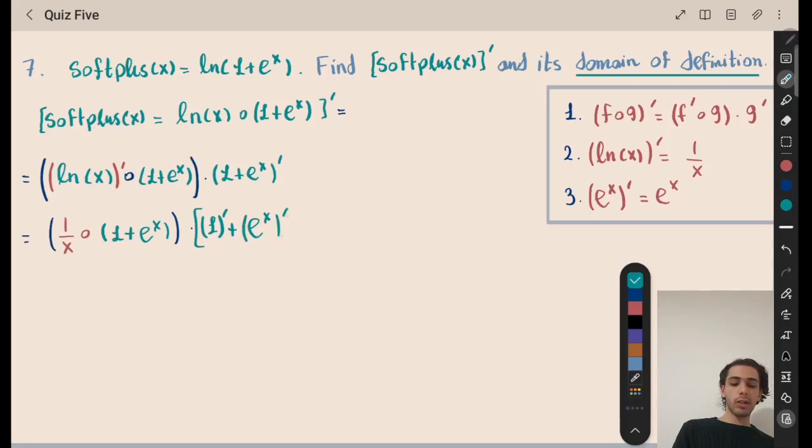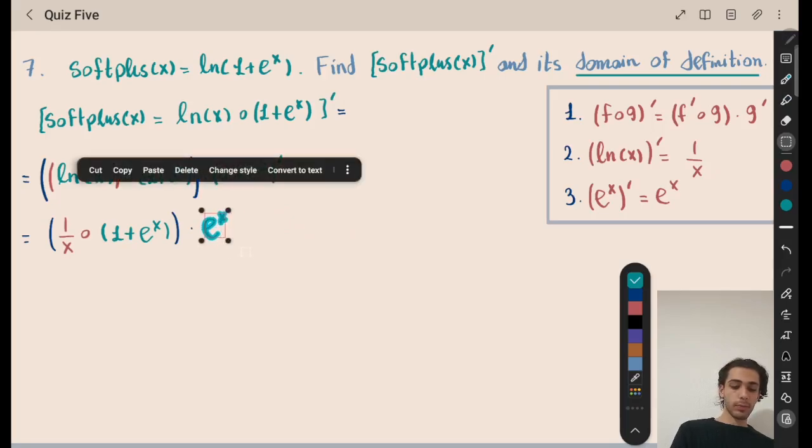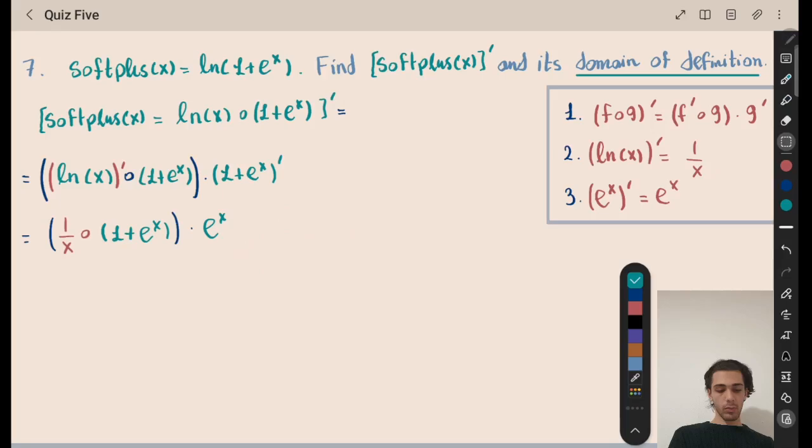Since 1 is a constant, its derivative is 0, and we can ignore it. And we just focus on the derivative of e to the x, which is e to the x. And now it remains to plug in. So we get 1 over 1 plus e to the x times e to the x.